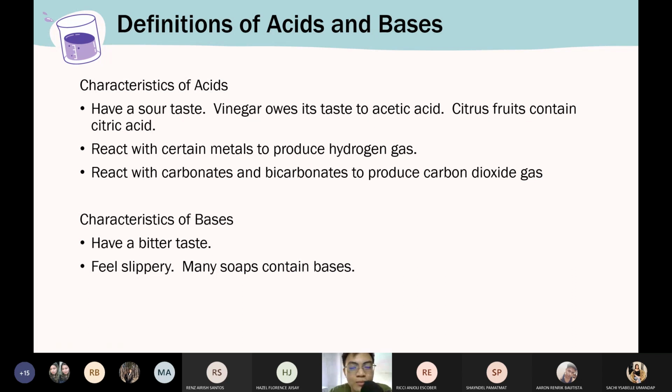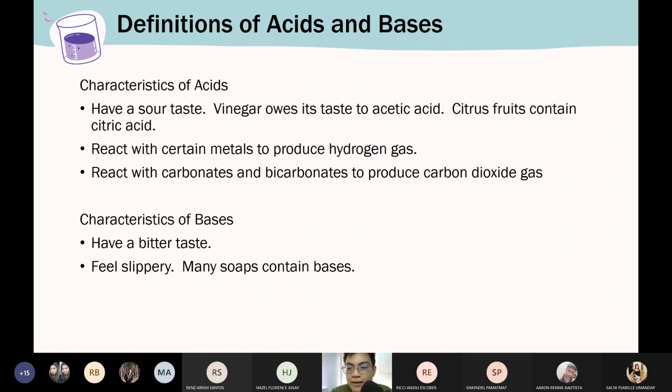Okay? So for example, yung ating sabon sa bahay, 'di ba, you did your experiment last semester wherein you were able to create soap, no? By mixing oil and sodium hydroxide, no? Or drain cleaner. So yan. So ganun yung nangyayari sa bases, no? So, they can react with fats to produce slippery substances, no?